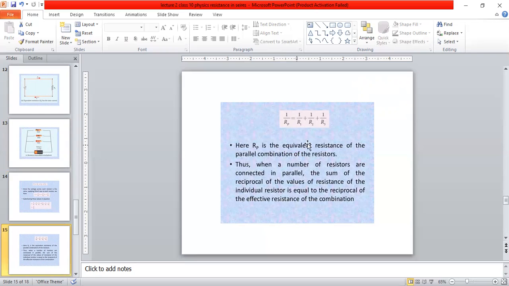Here Rp is the equivalent resistance of the parallel combination of the resistances. When a number of resistors are connected in parallel, the sum of the reciprocals of the values of the resistances is equal to the reciprocal of the effective resistance of the combination.